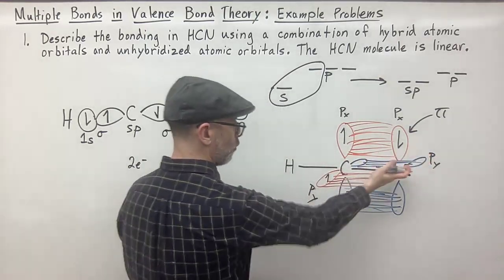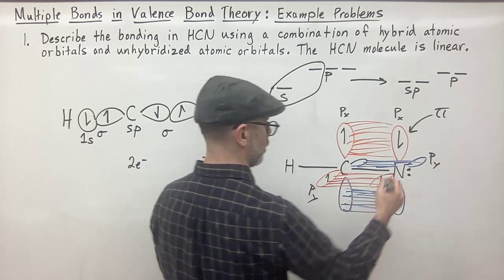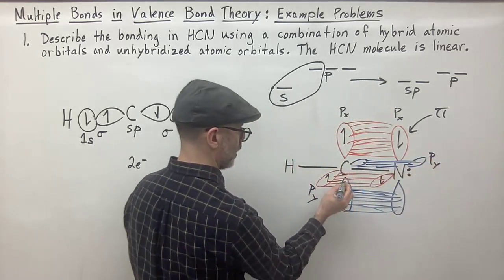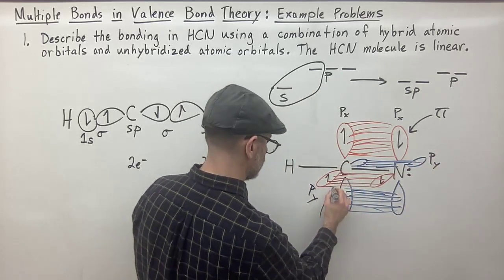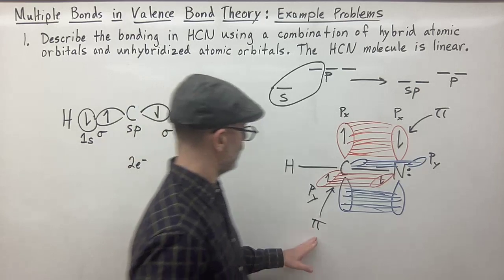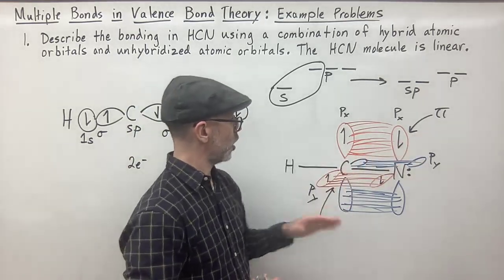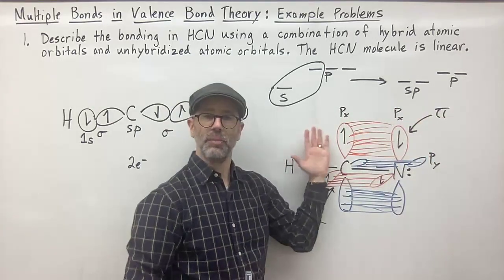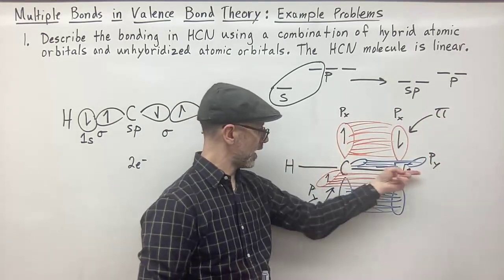So these are going to overlap to form another pi bond. There, I'll do this. So we have a pi bond here and a pi bond there. So we have a pi bond that is in the plane of the board, perpendicular to the axis here.